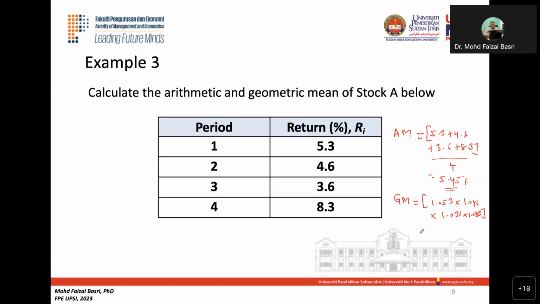Okay, and then you power it to 1 divided by 4, then you minus 1 at the end. So here I get 5.44, convert it into percentage. Okay, this is the 5.435.